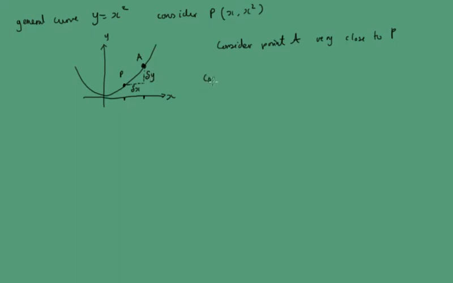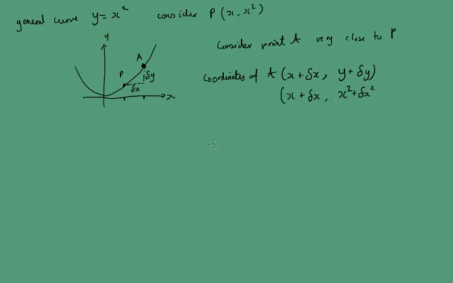So the coordinates of A are x plus dx and y plus dy, which we can also write as x plus dx and x plus dx all squared.